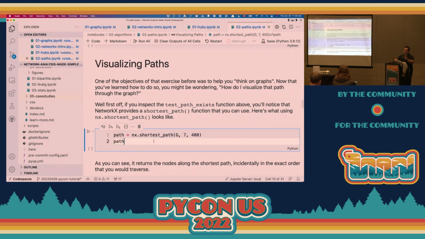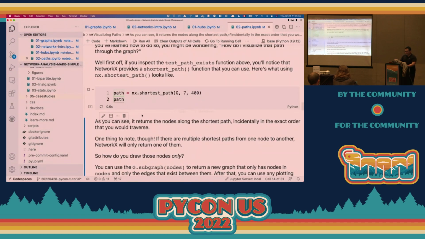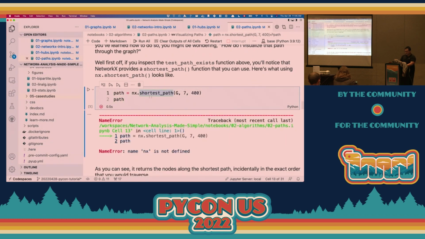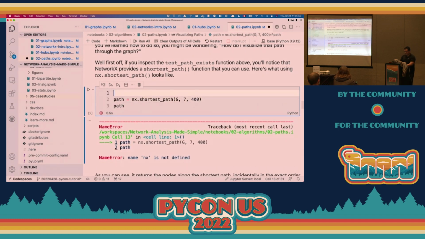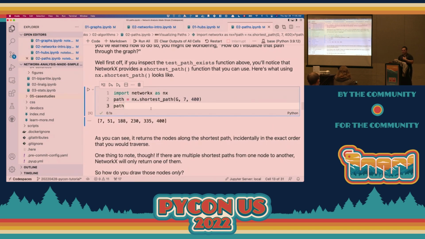All right. So implementing breadth first search to find out whether a path exists between two nodes is completely unnecessary for solving the problem, given that NetworkX has already solved the problem for you, which is kind of the point of having a software library that you can import and rely on. So if you import NetworkX and you do nx.shortest_path, you pass in a graph and two nodes, what it will do is return for you one shortest path.